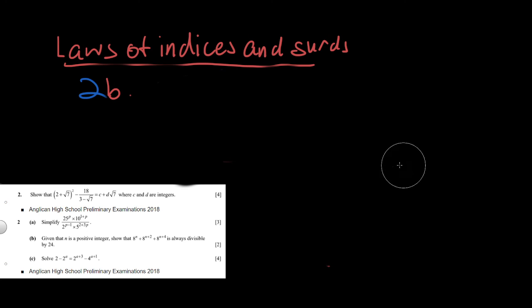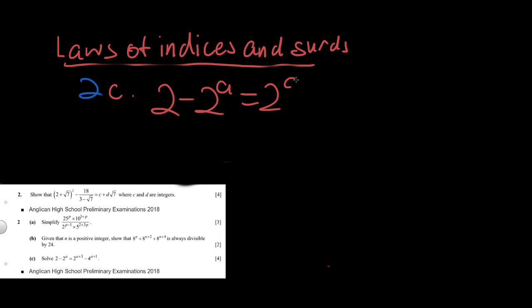Lastly, let's look at part C, right? 2^(2-2a) equal to 2^(a+3) minus 4^(a+1). Right, then we need to solve for a. I would suggest, first of all, this 4, you can convert it to a 2.